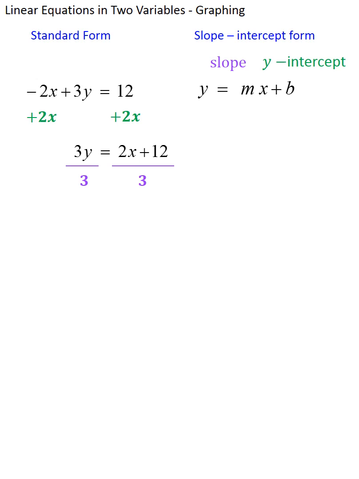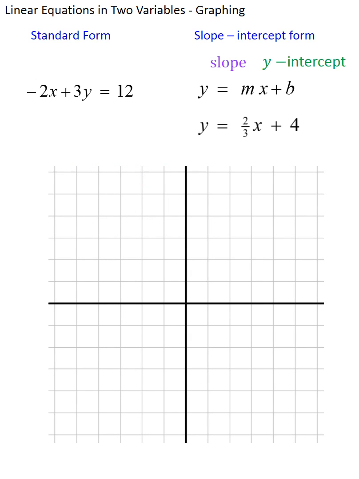So I'm going to choose to divide both sides by 3, thereby canceling out the 3. And a little bit of algebra later, we've converted a standard form equation into a slope-intercept form equation.